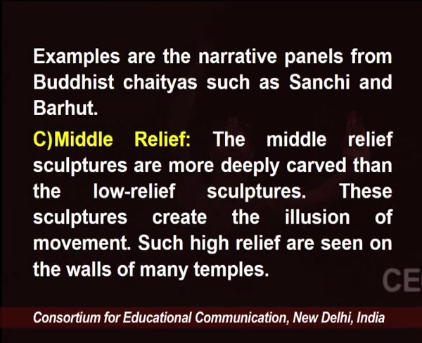and middle relief. Now we'll study about middle relief. In middle relief sculptures, they are more deeply carved than the low relief sculptures. These sculptures create the illusion of movement. Such high relief are seen on the walls of many temples.